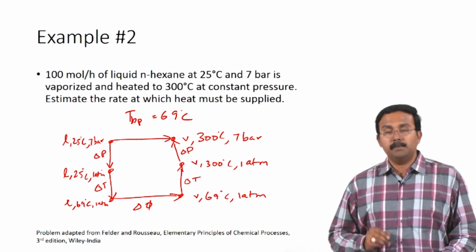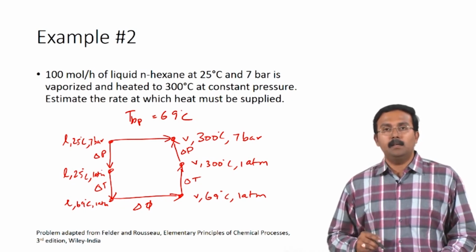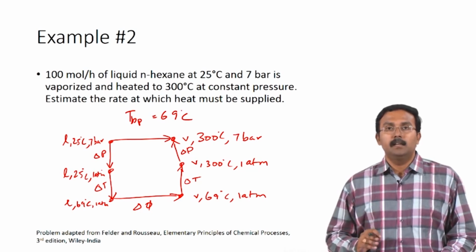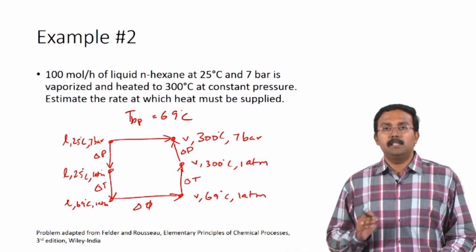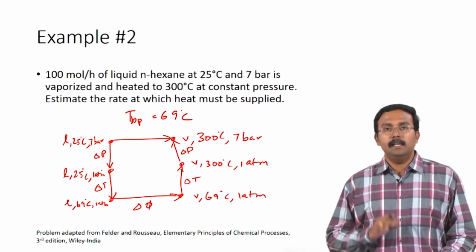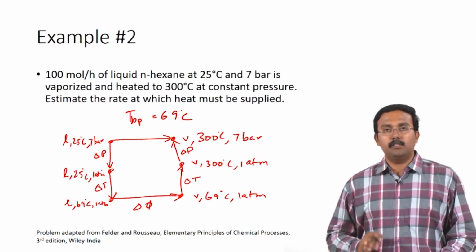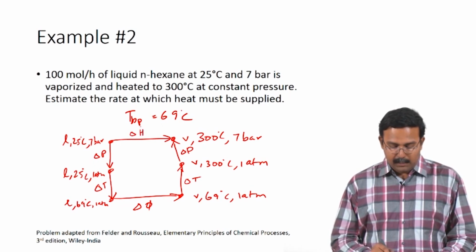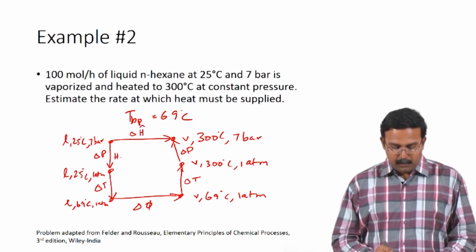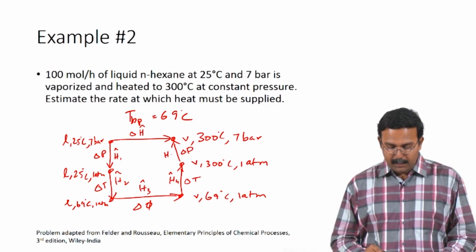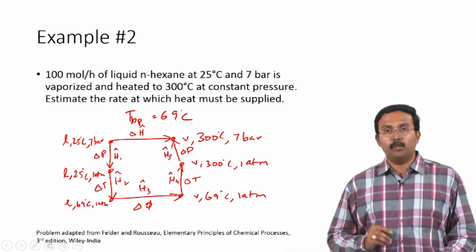Each of these steps in the hypothetical path has been constructed in a way that either pressure, temperature or the phase is changing, not more than one of these three changes in any of the steps, which means we would be able to calculate the change in specific enthalpies for each of these steps. So, the total specific enthalpy change can be calculated as delta H cap, for which we would have to calculate H1 cap, H2 cap, H3 cap, H4 cap and H5 cap and find the summation of this.